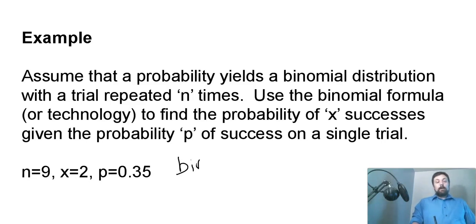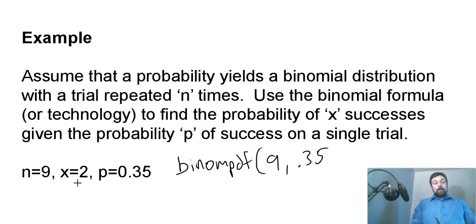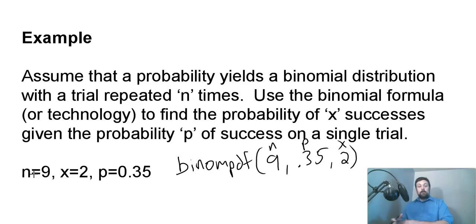But when you go to use Binom PDF, n goes first, so you have 9. Then you put p. So you're not actually going to put these numbers in the same order that they're given to you in Binom PDF. We have to put n first, then p, and x goes last. So 2 would go last. So be careful that you don't just automatically take the numbers you're given and put them in Binom PDF in the same order they're given, because likely they're not given to you in the right order.